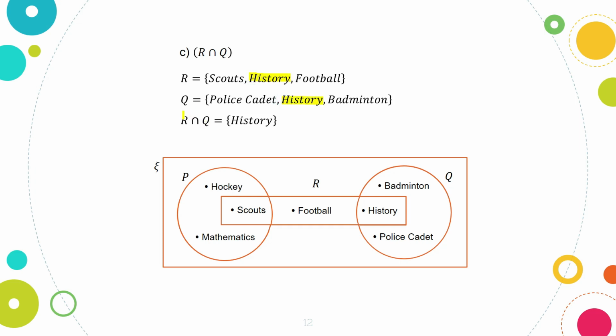Okay, this is the element of the intersection of R and Q, which is history. From the Venn diagram we can check for history only, which is this part, just like this.